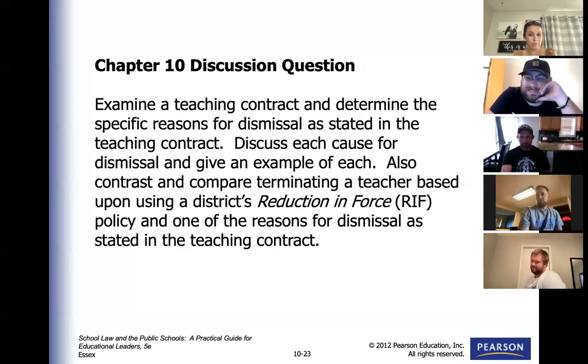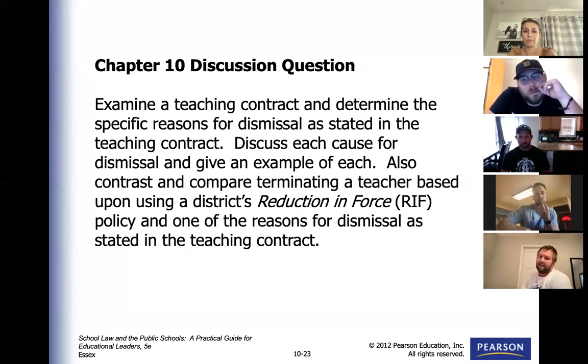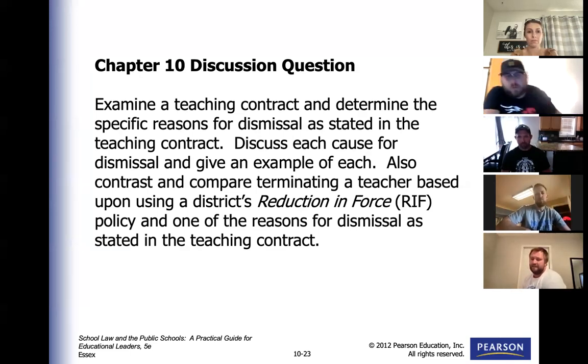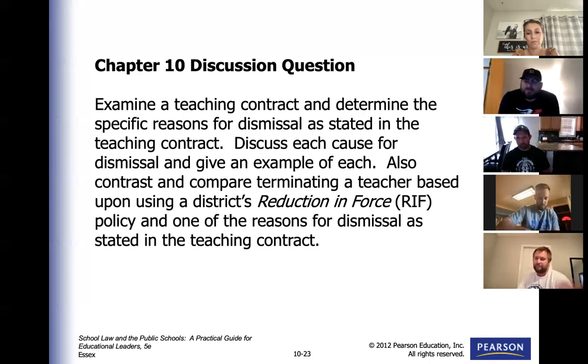Yeah, that is interesting. They talked in the chapter about what happens to your seniority if it was a RIF, which leads into our next part of this question, right? The reduction in force. Let's say it was a financial issue, and you got terminated for that reason, and then 2 years later, things are better financially and you're back.